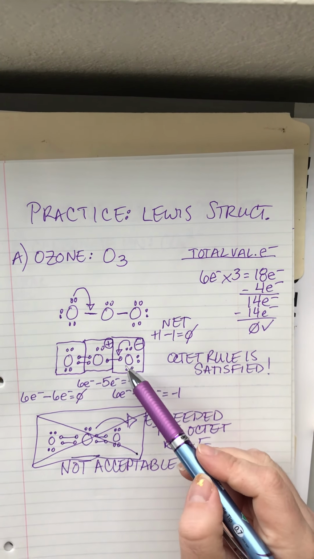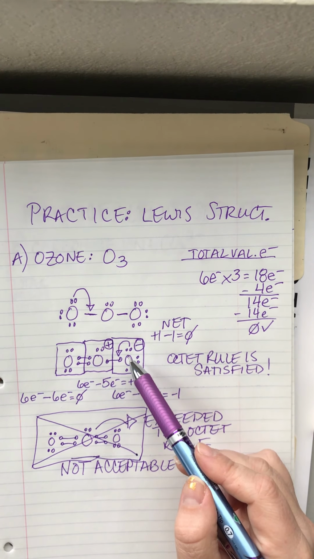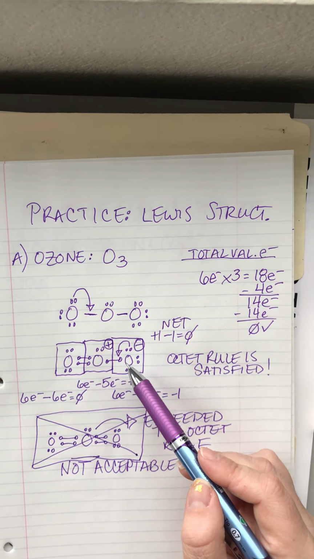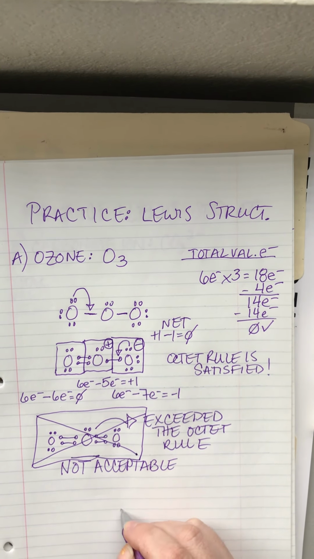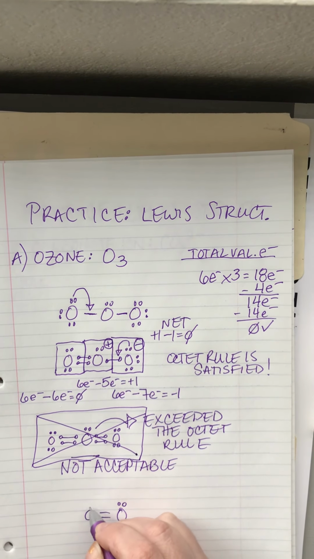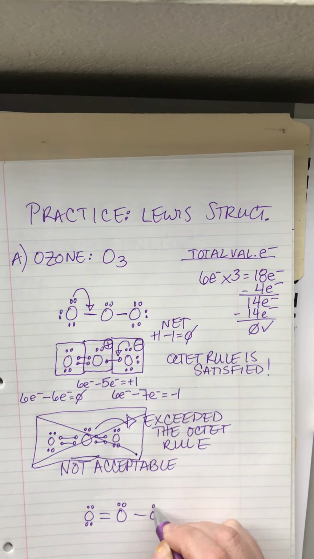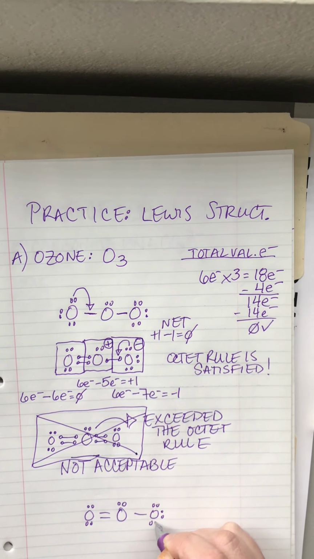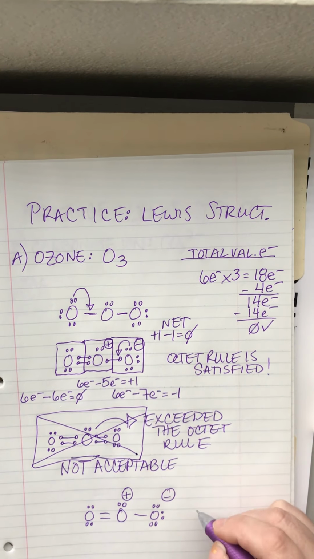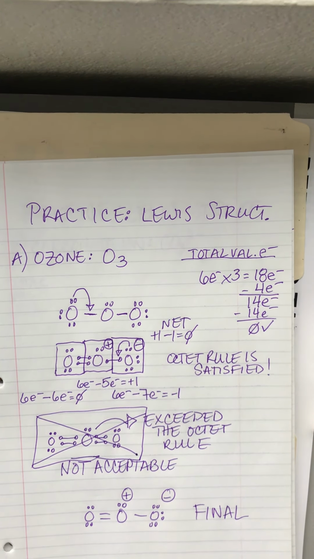So, even though the earlier molecule has some charges on it, it's still the best Lewis structure that we can draw for ozone, okay? So I'm going to redraw our structure down here a little bit cleaner. So we see the final Lewis structure for ozone looks like this.